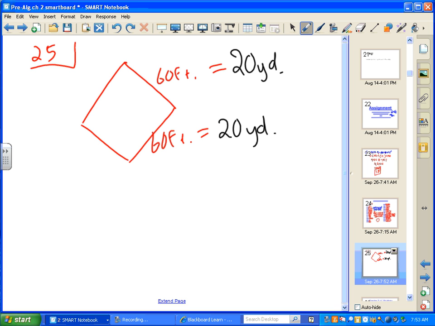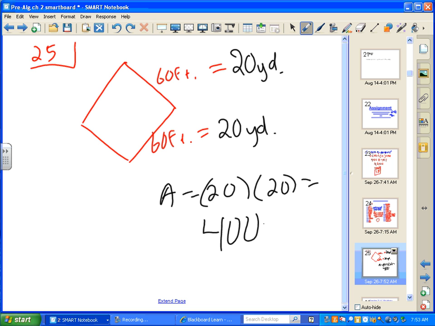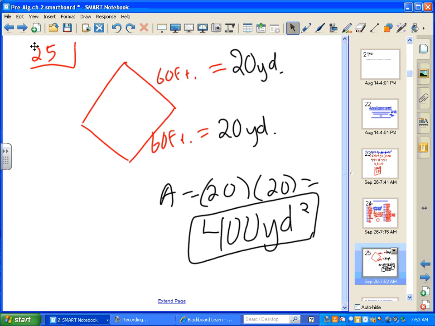So how do you find the area now of the field in square yards? Justin? Good. We do 20 times 20. And how many yards are there? What's 20 times 20? Matt? Good. Yeah.